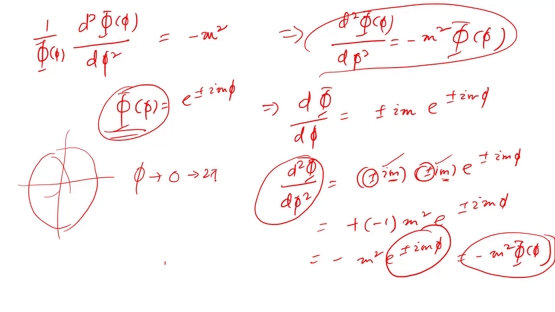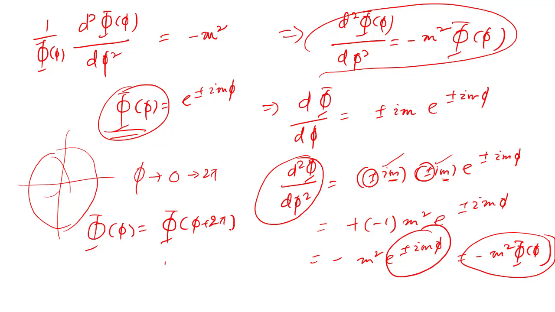If phi goes from 0 to 2 pi, then we must have phi of phi equal to phi of phi plus 2 pi.